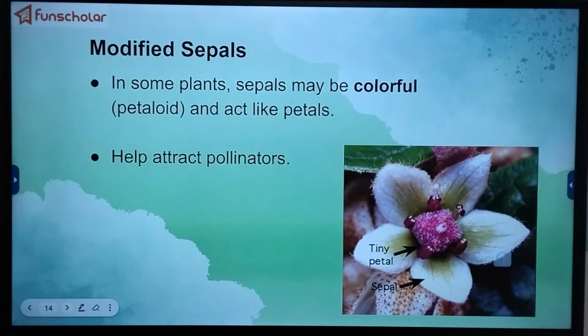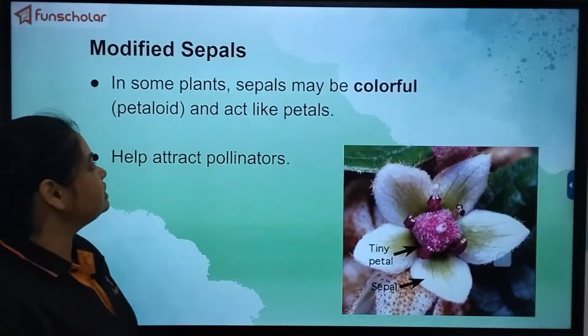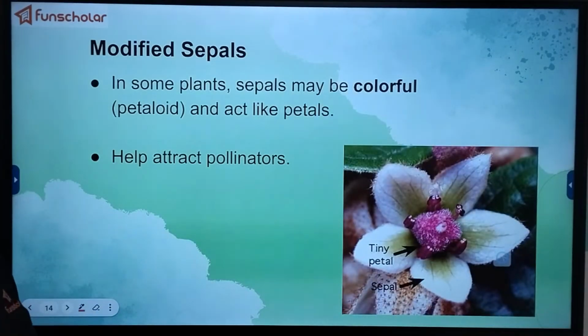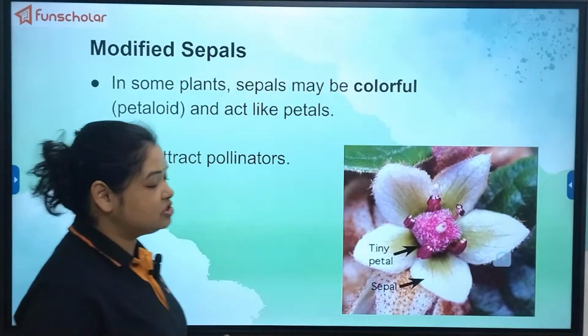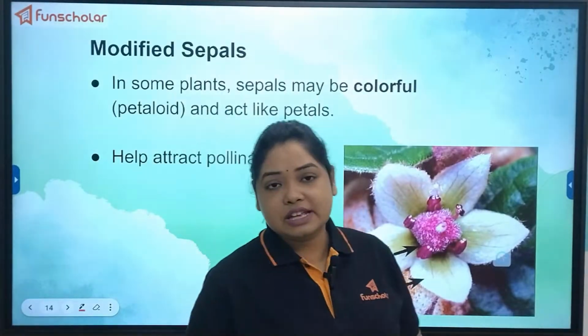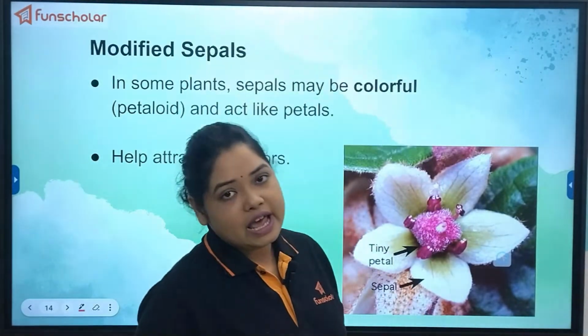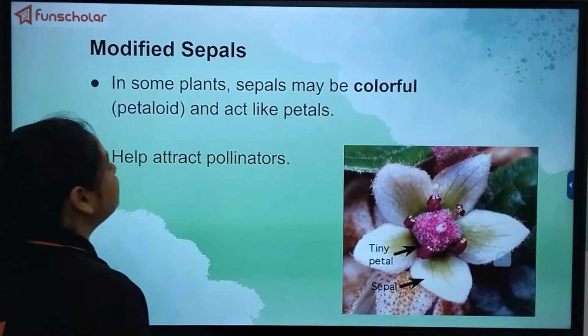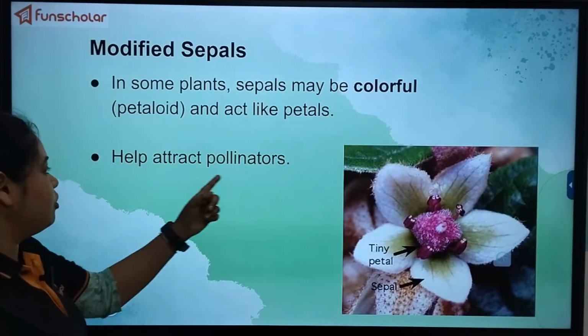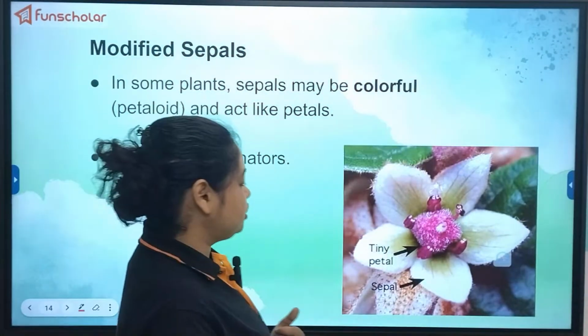Now coming to the cases of modified sepals. Sepals in some plants can be modified to look just like the petals. That means they will be colorful, and whenever they are colorful, they will attract the pollinators for the purpose of pollination.